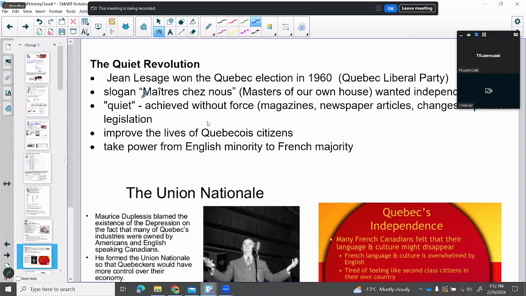We saw from the conscription crisis of both world wars, so in World War I and World War II, that there was some discontent. Many people in Quebec felt their political views were different from the rest of Canada. Even as far back as the Boer War, Quebec didn't feel that they should be involved in it.